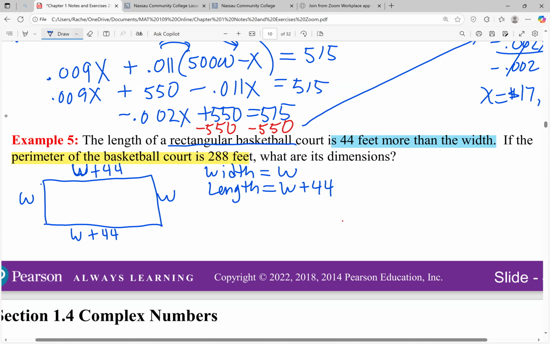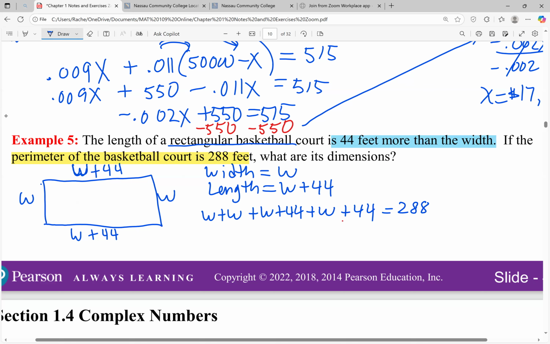So let's set up an equation using perimeter being equal to 288 feet, right? So if I add up all four sides, right, the W plus the W plus the W plus 44 plus the other W plus 44, right? So I'm adding up all four sides. That total distance around, or the perimeter, should be 288 feet.